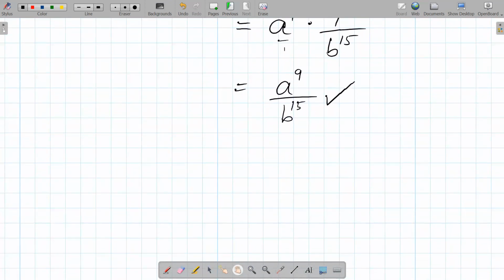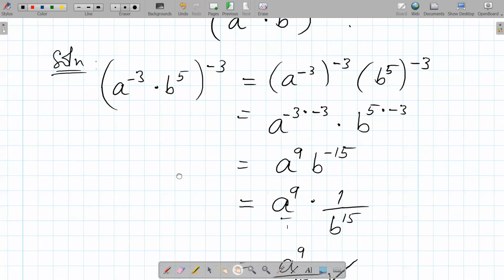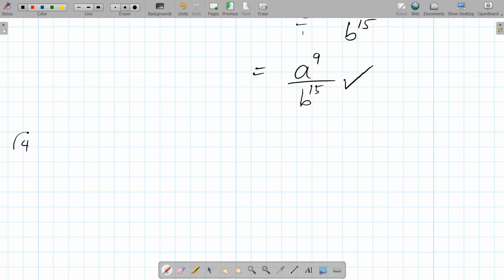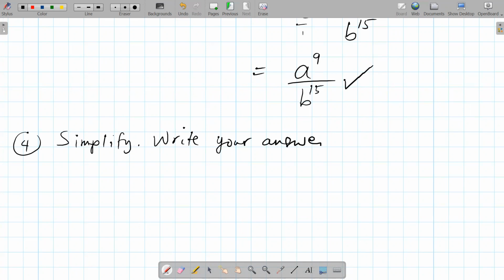Let's do some more. So let's say 4. Just simplify, and then write your answer without negative exponents.